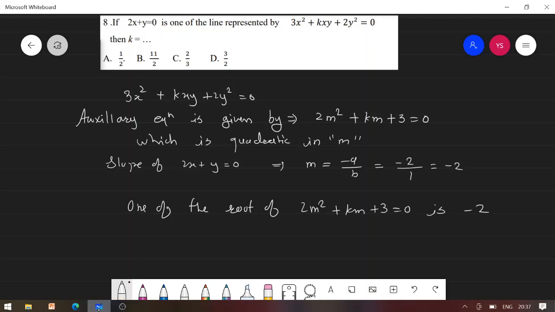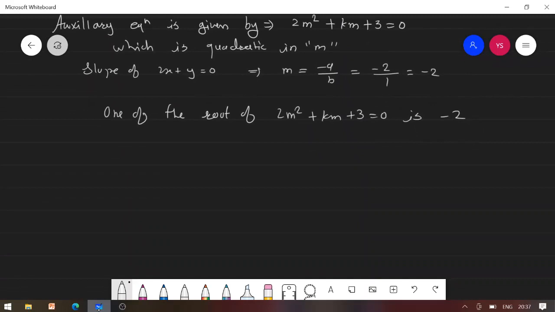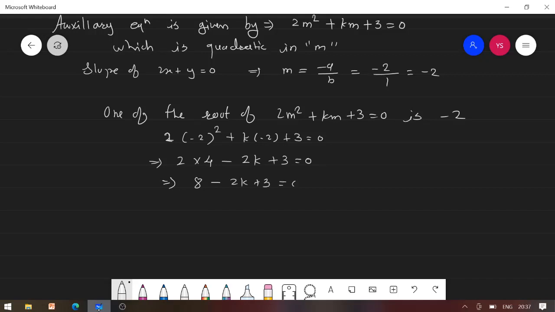Once m equals minus 2, it should satisfy the given quadratic equation. So replace m by minus 2. We get 2 times minus 2 square plus k times minus 2 plus 3 equals 0. That implies minus 2 square becomes 4, plus minus 2k plus 3 equals 0. 4 2s are 8, minus 2k plus 3 equals 0.